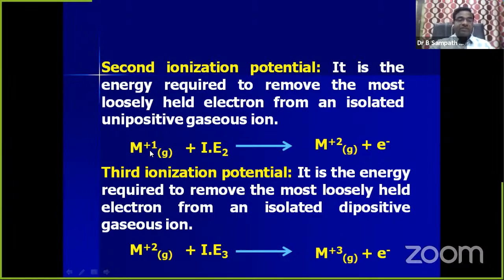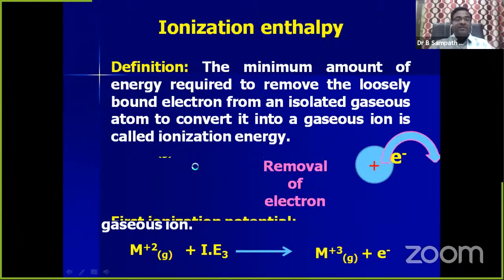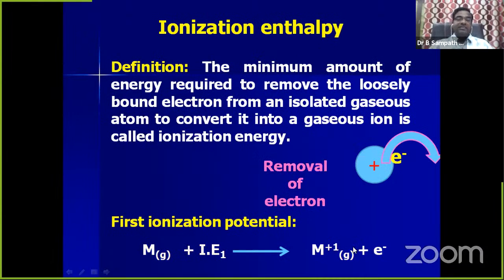That proton excess, which we call effective nuclear charge, is more on the valence electrons. That's why the valence electrons are attracted more towards the nucleus. Therefore, it is difficult to remove the valence electron. That's why here we have to supply more energy than the first ionization energy.